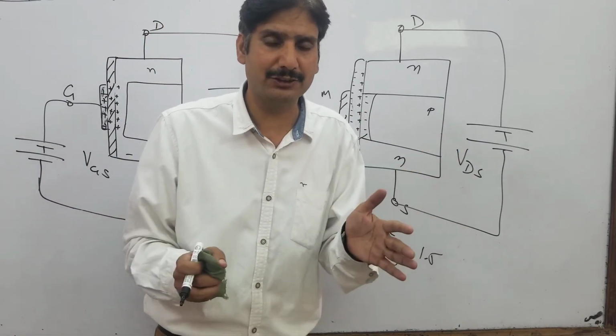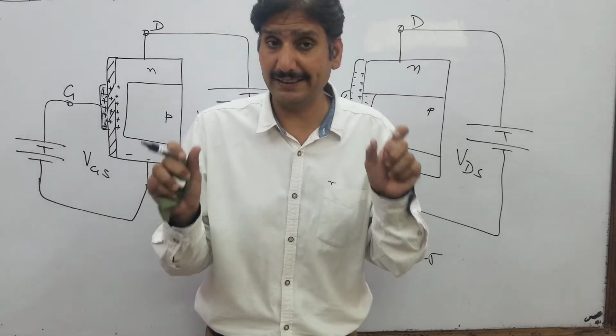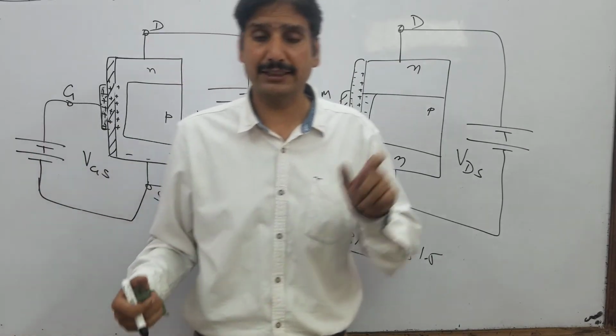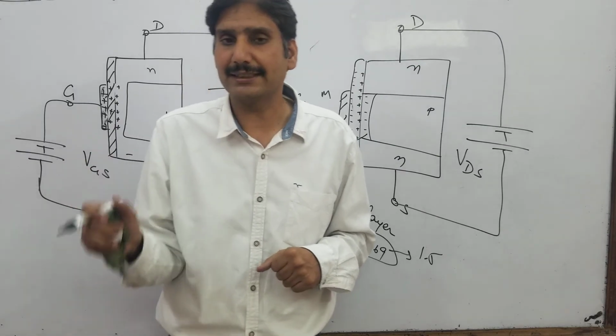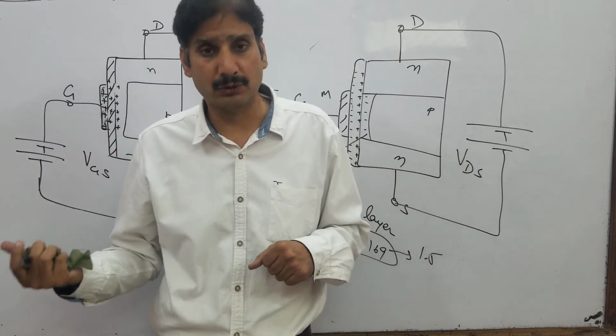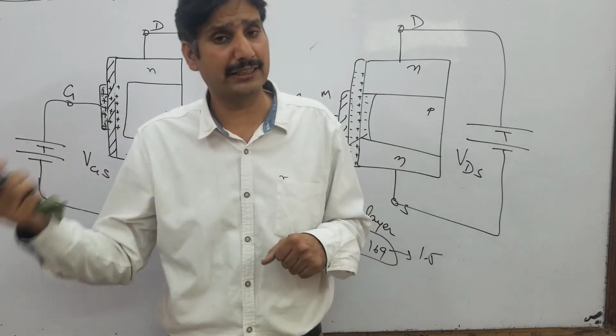I summarize the two things. We have two types of MOSFET, physically different types. One is depletion type MOSFET, the other is enhancement type MOSFET. Depletion type MOSFET has a physical layer connecting the source and drain, so that remains normally on. So even if gate is negative, it conducts. If gate is positive, it conducts.